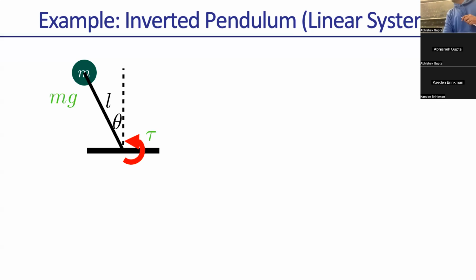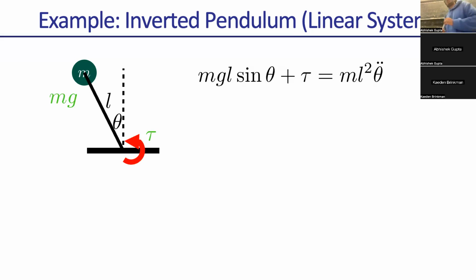Okay, so the equations of motion here are going to look something like this, right? This is essentially an F is equal to MA type equation. But it's basically saying this is your rotational inertia. This is your torque, or your alpha, the rotational or second derivative.